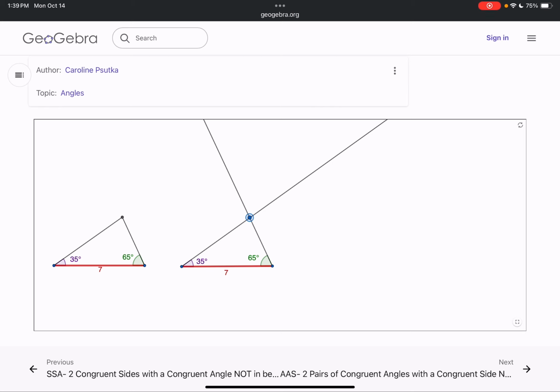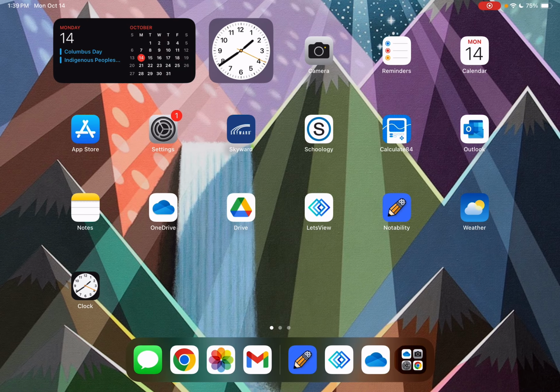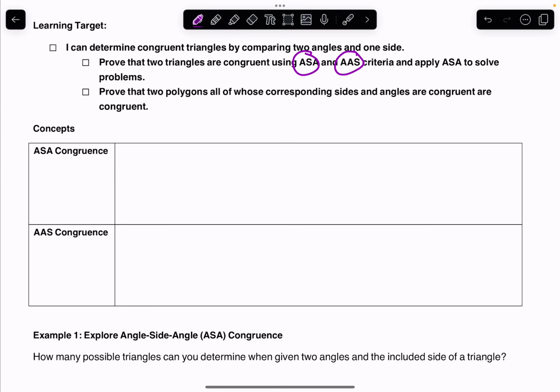That means that any triangle that we make with the 35, 7, 65 configuration will be exactly the same, or a congruent triangle. And this would happen with any arrangement of angle, side, and angle. So when we write this, we'll do an if-then.